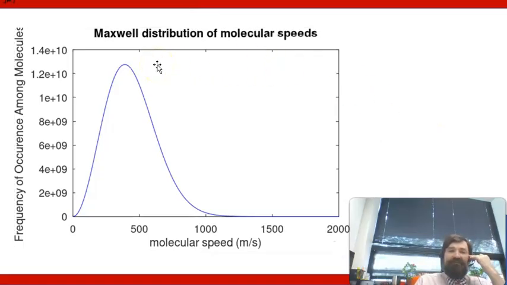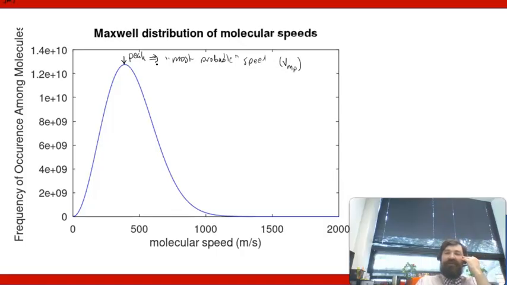There are really three speeds that we might be interested in. One of them is this peak value. This peak tells us what is called the most probable speed, and this often is denoted v_mp for most probable.